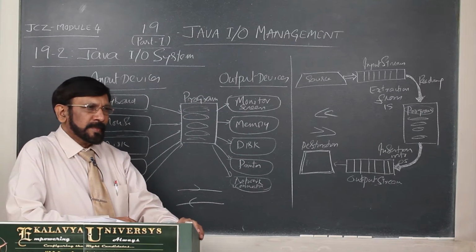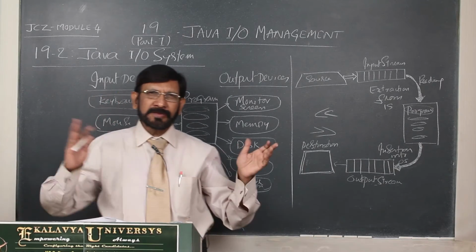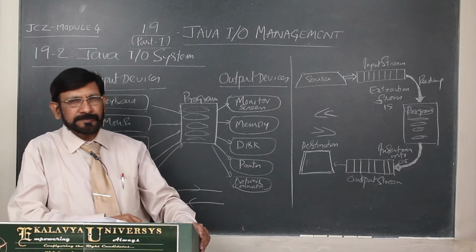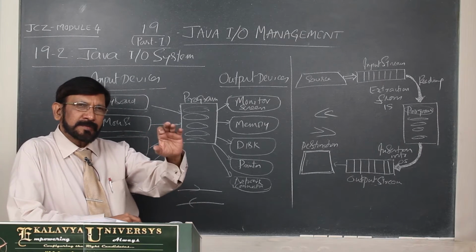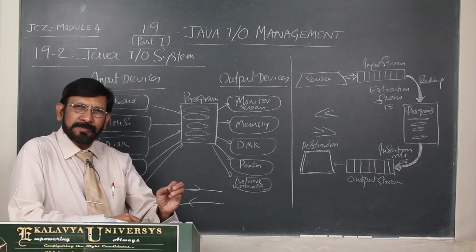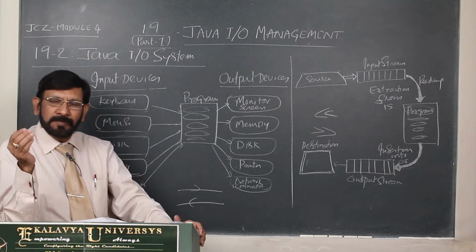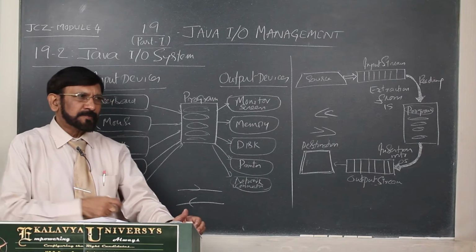And one more thing also, we perform complex I/O operations, but no operation is complex by itself. We perform simple operations only. By composing simple operations, a complex operation is performed.